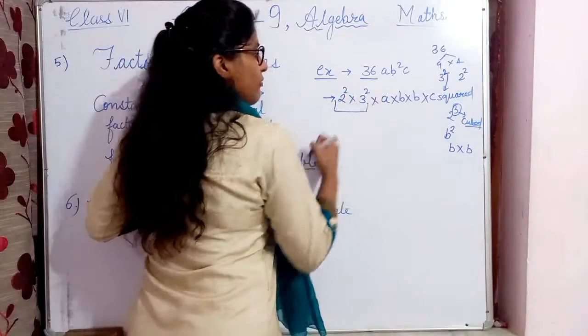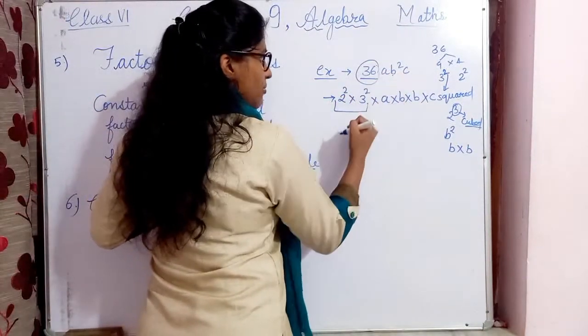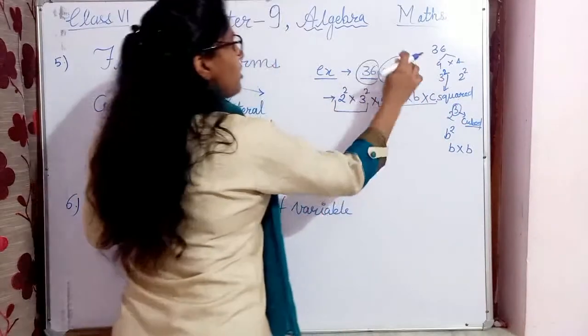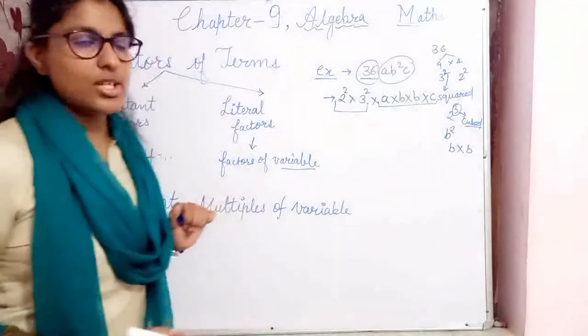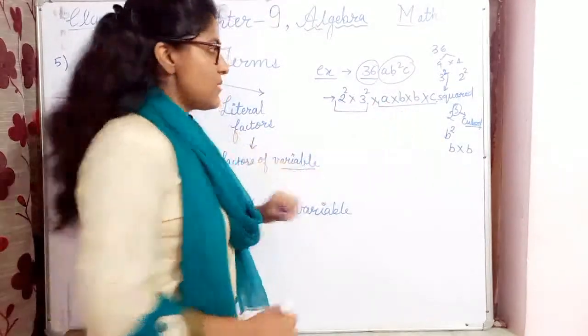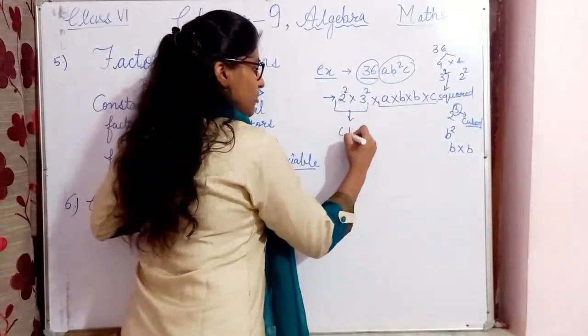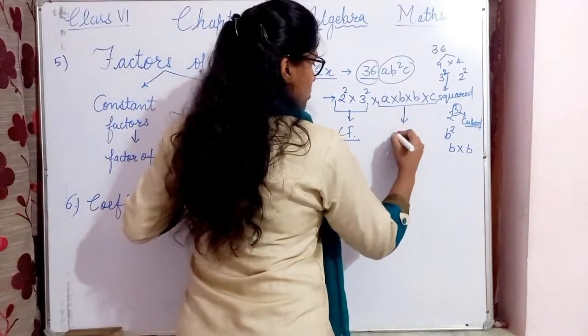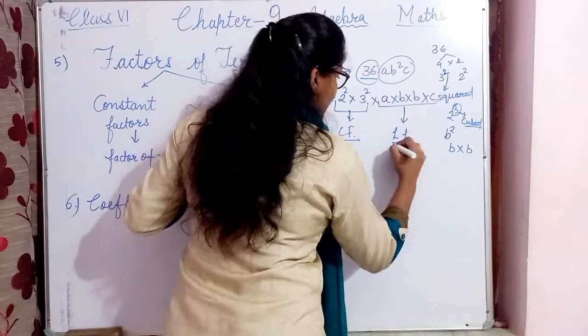Now you can see here, these are the factors of the constant number and these are the factors of the variables. So these are known as constant factors and these are known as literal factors. Why literal factor?